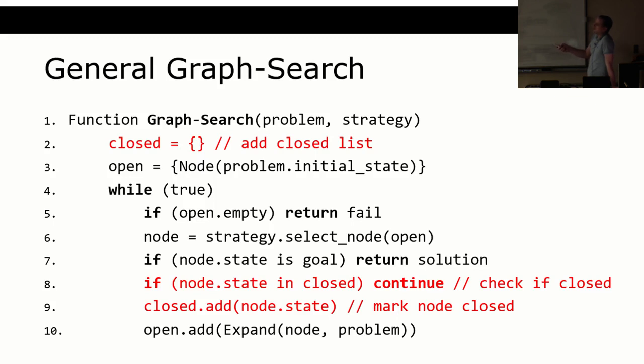That means we don't expand the children of any node whose state is already in the closed list. And if that is not true, so it's not yet in the closed list, right before we expand it, add it to the closed list. That's it. So we're just checking what we have done so far and not doing it again.